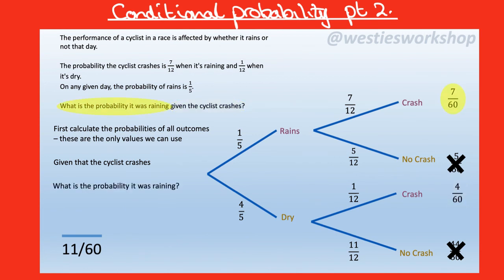What is the probability it was raining? Well, that's 7/60ths. There is only one time when it rains and he crashes, and the probability that that event occurs is 7/60ths. So the probability is 7/60ths out of 11/60ths, which is 7 out of 11.